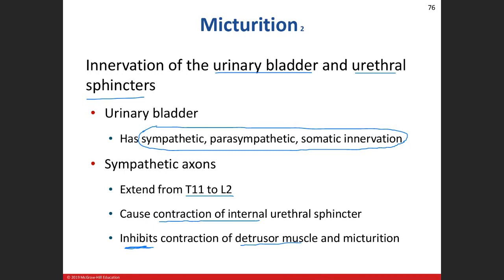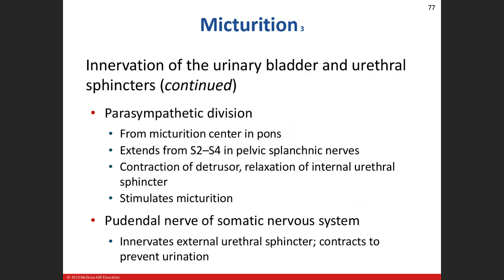What's the detrusor muscle? That's the muscle that sits in the wall of your urinary bladder. When it's time for you to use the lavatory, that muscle will contract, squeeze the wall of the urinary bladder, and push the urine out. But that urine will not leave if the internal urethral sphincter is contracted. We have to relax that. We're going to talk about that in a second, though. I just want to go over some of the components here.